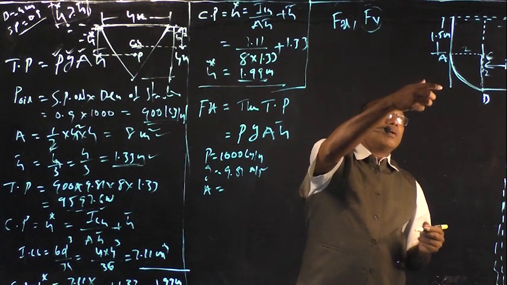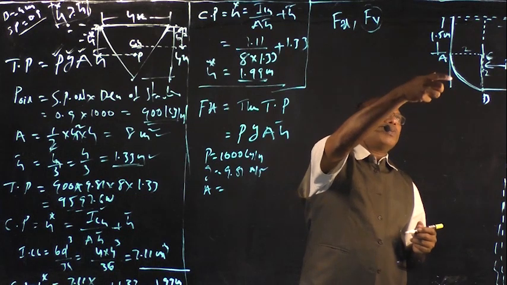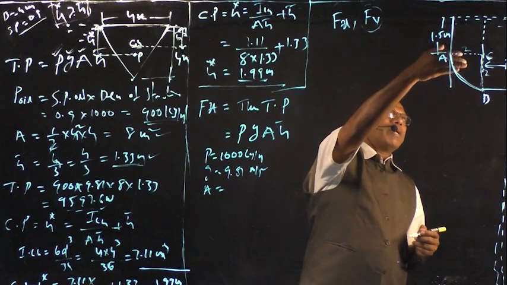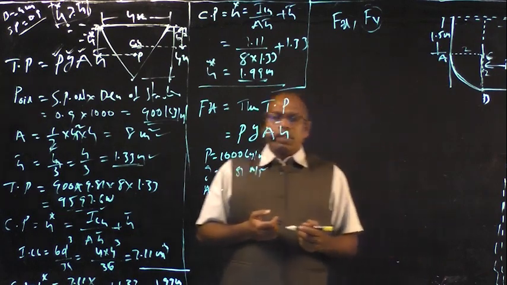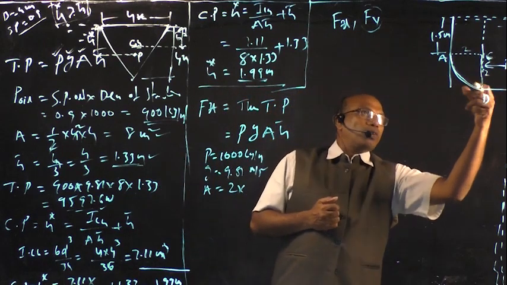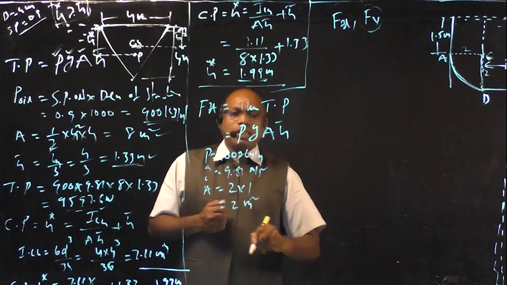The width of the curved portion is a unit, that means 1 meter perpendicular to the plane of the paper. Therefore, area equals 2 meters depth into width 1, which is 2 meter square.